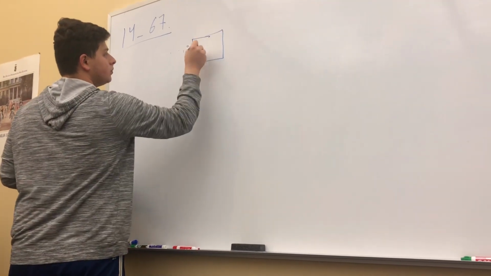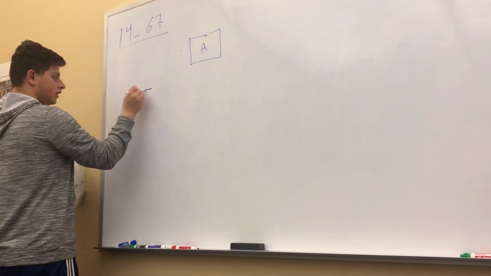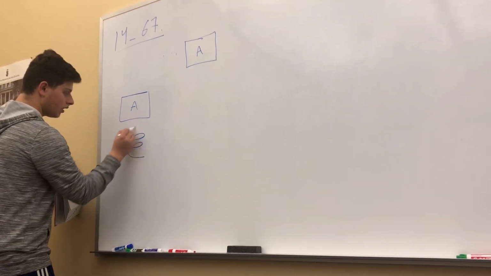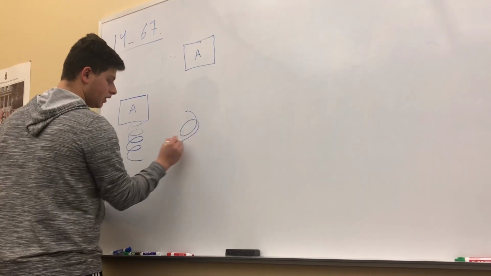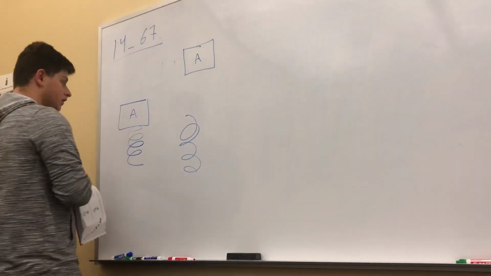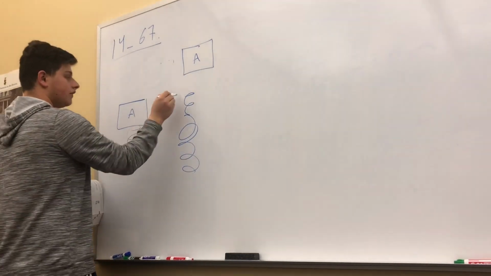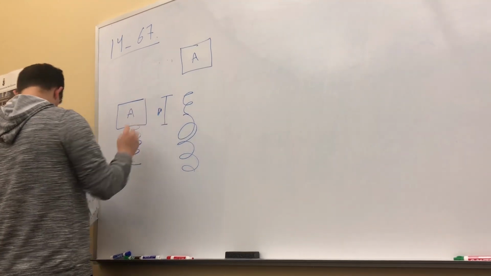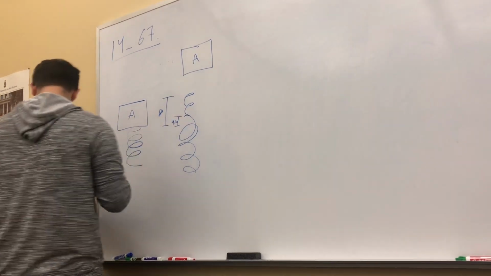We have block A, and this shows block A has been compressed. We have also another one right here. Then the height from here to here is 6 inches, and the height from here to the end is 4 inches.